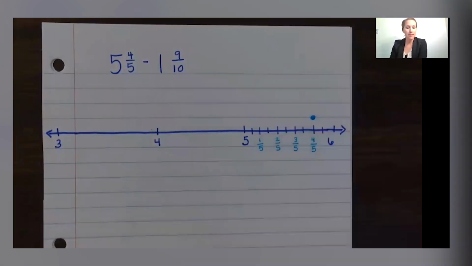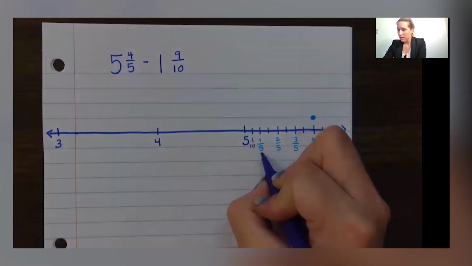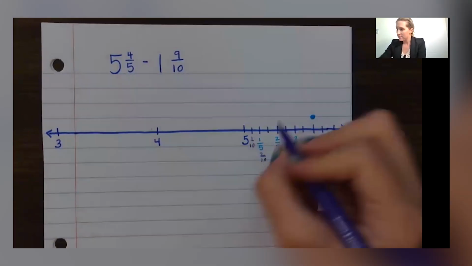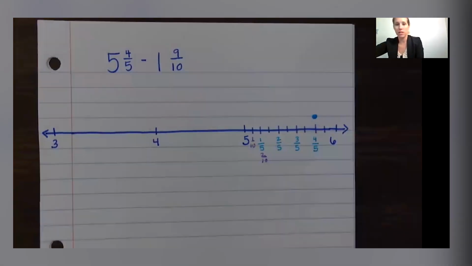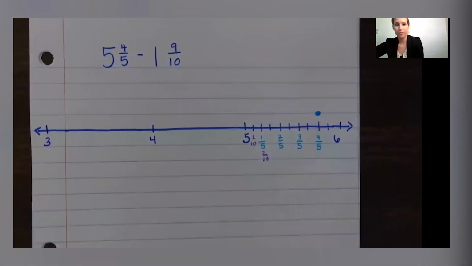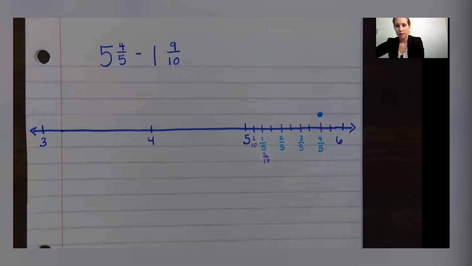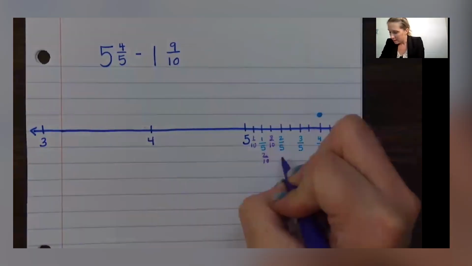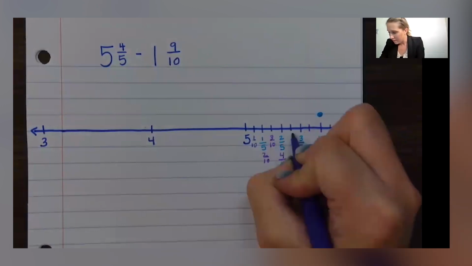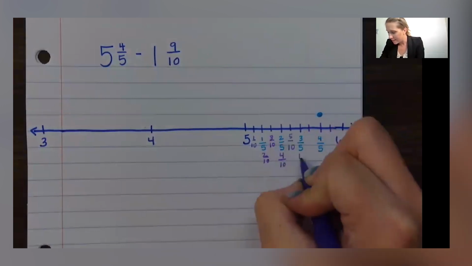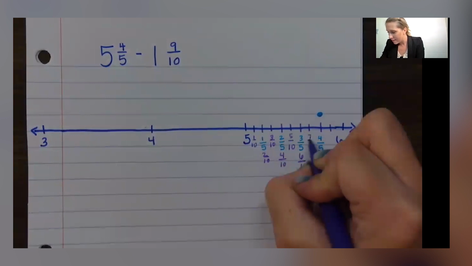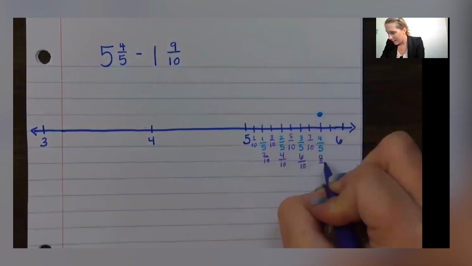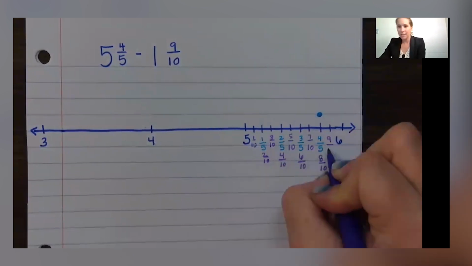Into 2. So let's do that in between here. And so that means, let's label those. This would be 1/10, 2/10. Let me see if I can zoom in a little so it's easier to see. 3/10, 4/10, 5/10, 6/10, 7/10, 8/10, 9/10.